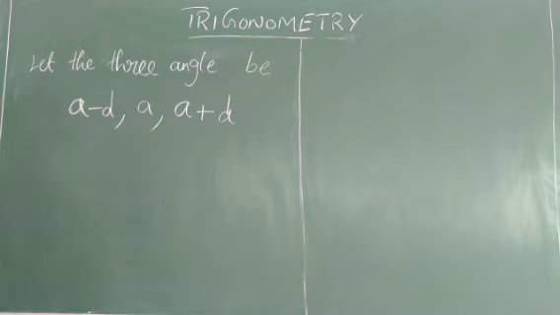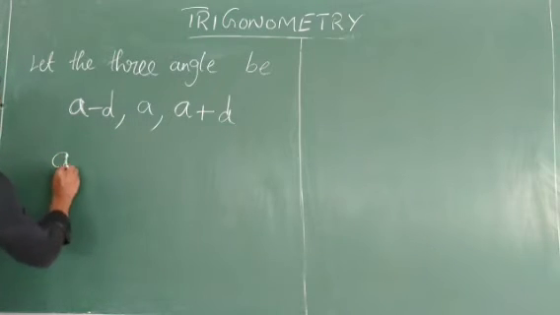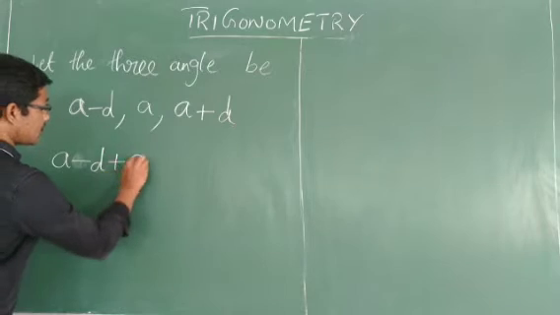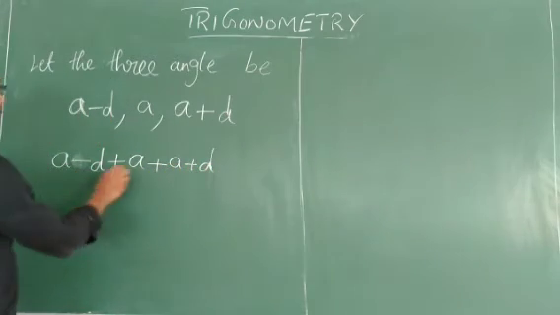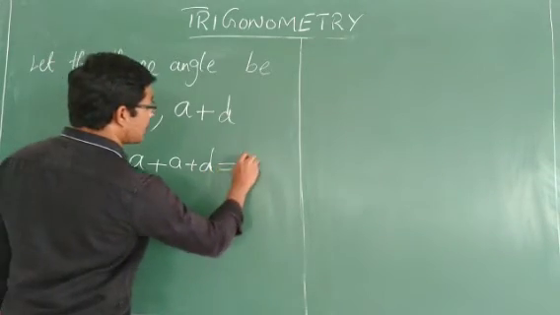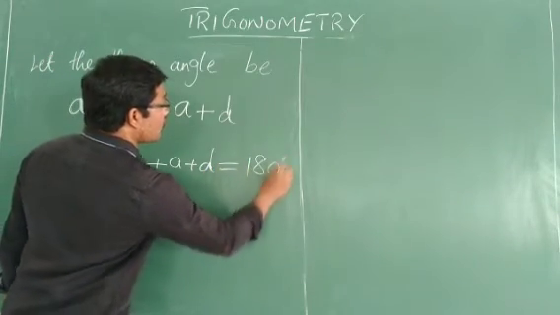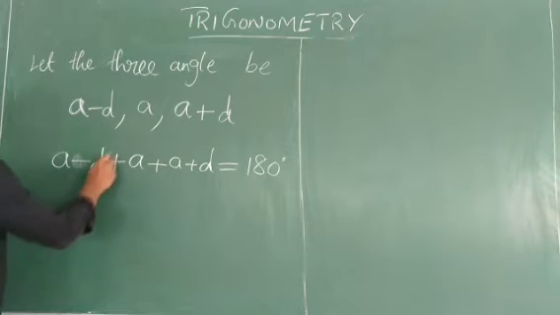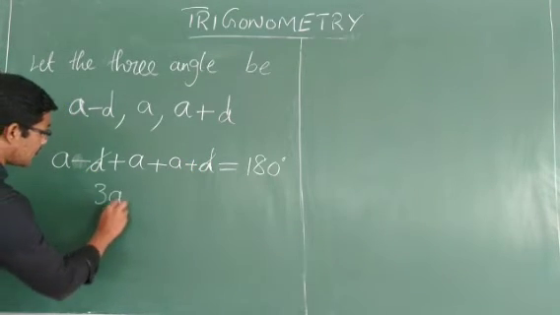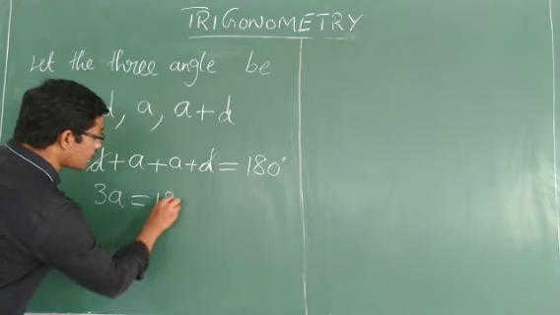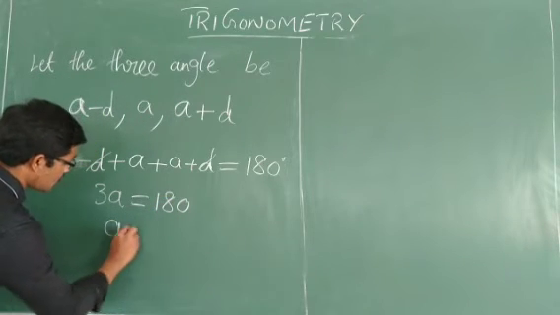Now we know the sum of the three angles a minus d, a, a plus d is equal to 180 degrees, since the sum of the angles in a triangle is 180 degrees. So we can cancel plus d and minus d. 3a will be equal to 180 degrees.